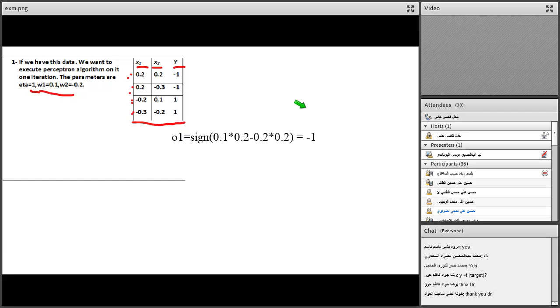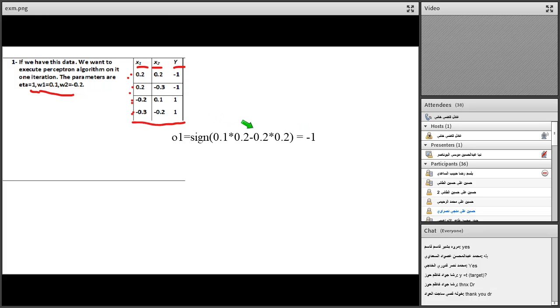In the first data, O1 is equal to sign of W1 X1 plus W2 X2, and the result is -1. Why is it -1?